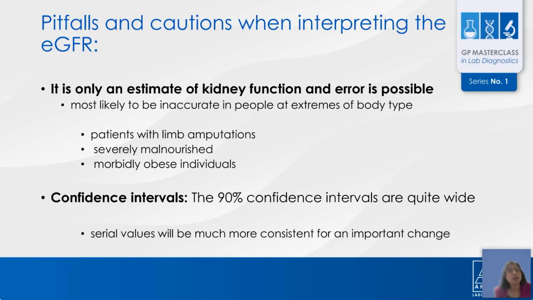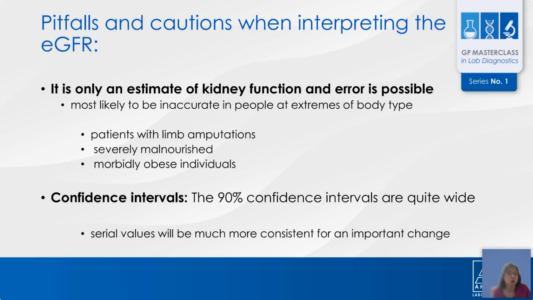Because we need our eGFR to diagnose CKD, what are some of the important things that we should consider when looking at the eGFR? What are the pitfalls and cautions of using this estimation?